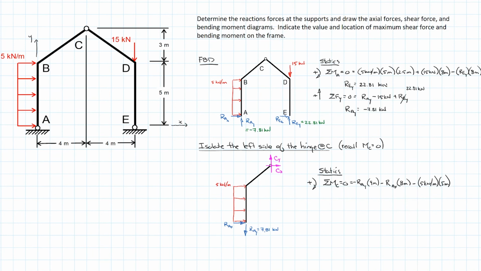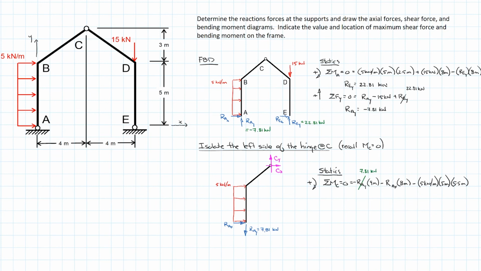So that's 3 plus 2.5 is 5.5 meters. And you'll see that we already have, well, I should have written it in there earlier, so this is equal to 7.81. So we already have that value.